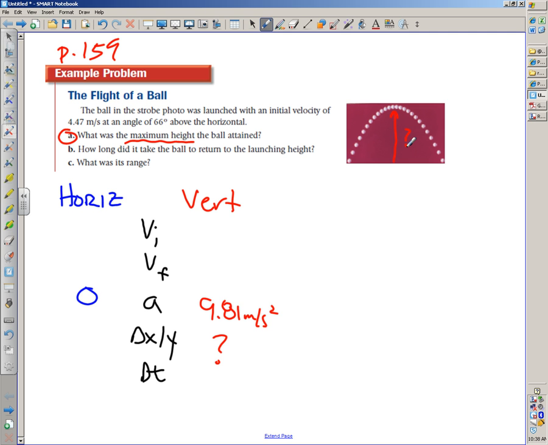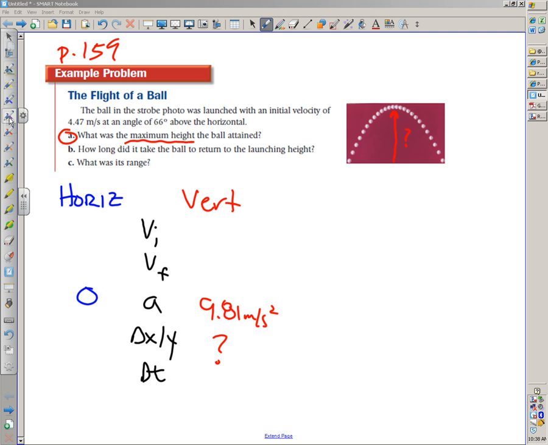Okay? So we filled in our chart, we got our unknown. The thing that changed about yesterday's problem was that now it says that this object was launched with an initial velocity of 4.47 meters per second. But it was not launched horizontally. It says that it was launched at an angle of 66 degrees above the horizontal.